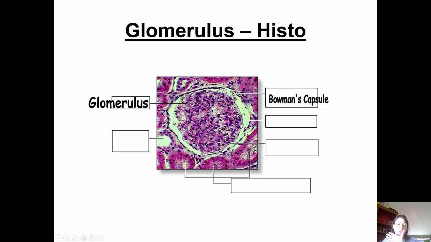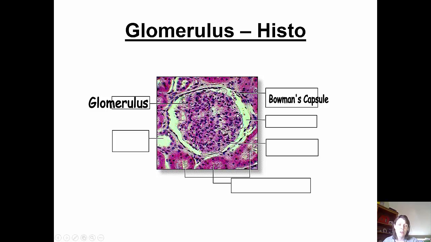And that's where all of this water and glucose and amino acids are all being filtered out of the blood here. What are these circular rings surrounding? Those are just cross sections of those proximal convoluted tubules and distal convoluted tubules. But remember, because they're tubes, when you do a cross section of them, they look circular.